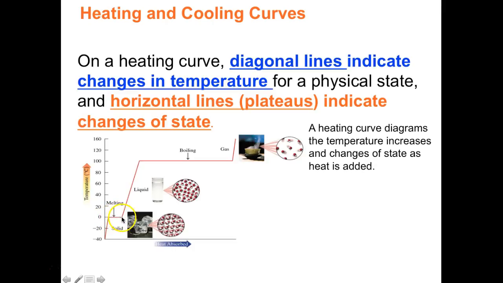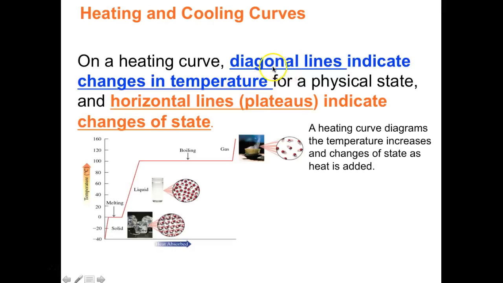And then once it all melts, then the temperature will keep rising till it gets to 100 degrees centigrade. And then again at 100 degrees centigrade, all of that water has to become steam. Till then the temperature will not change. Once all of the water is converted to steam, then again there's a temperature change.